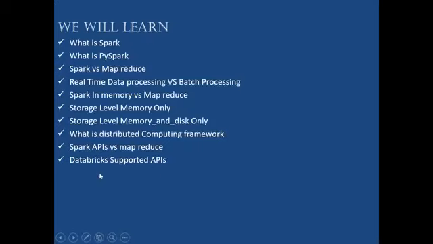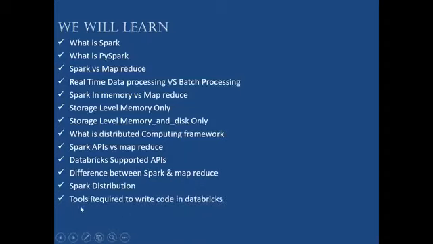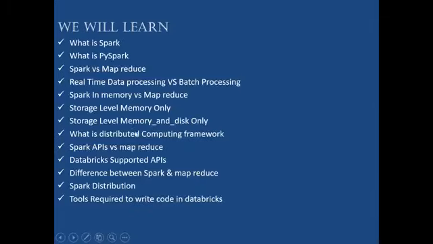Databricks supported APIs. We can use Databricks, so what all languages does Databricks support? That is nothing but what all APIs Databricks supports, what all APIs Spark supports. Then the difference between Spark and MapReduce, Spark distribution, and tools required to write code in Databricks. So these are the things we will discuss today.